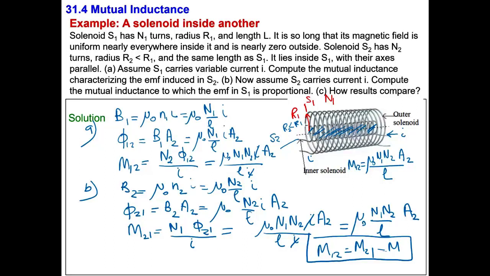I know it's a little bit confusing, but notice here that the current is 1, and the only one with a different subscript is the number of turns: N1 times flux 21, divided by I2. You can try to remember, but I think the best thing is to think through it and do the examples. Is the mutual inductance clear?